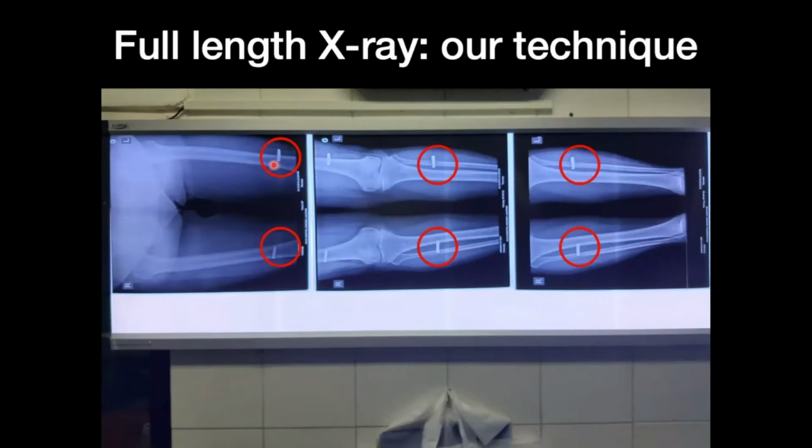We keep these as markers on the bilateral lower limbs. We take 3 X-rays: one of the hip to distal thigh, another around the knees with proximal tibia and distal femur, and another of both legs including the ankle.